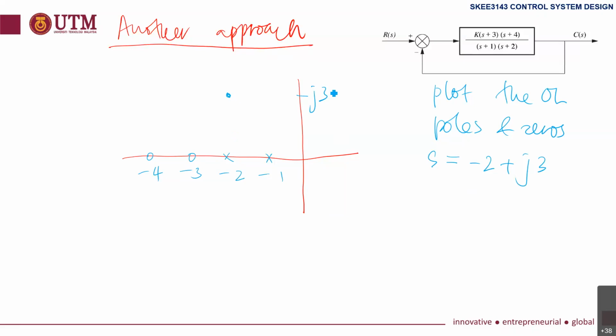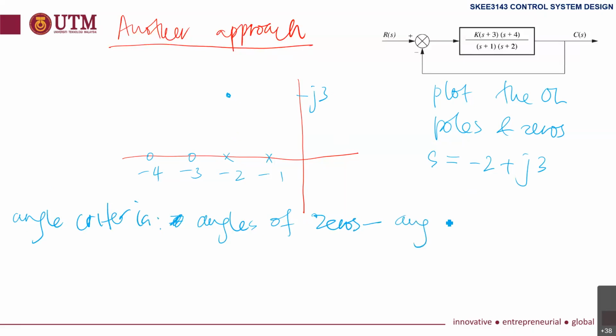The way here is to get the angle criteria, in which angle of zeros minus angle of poles.